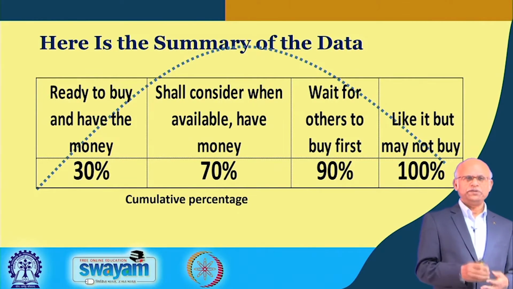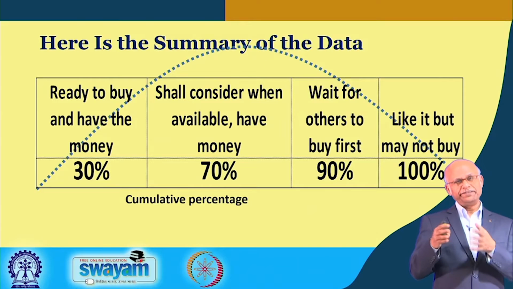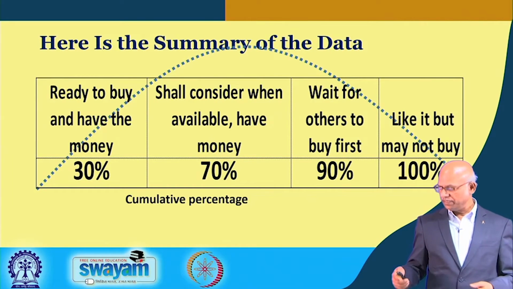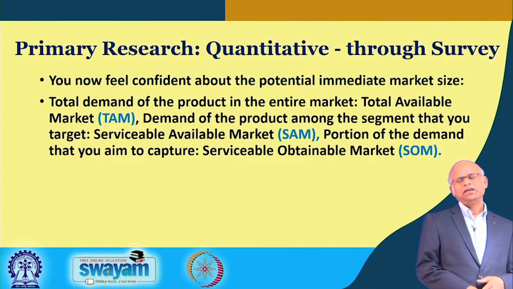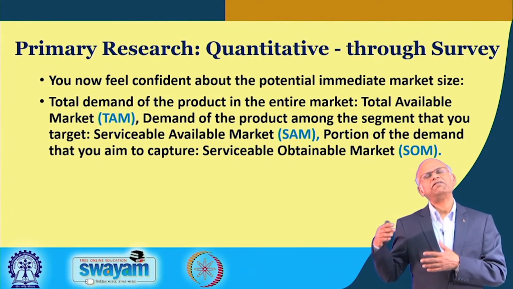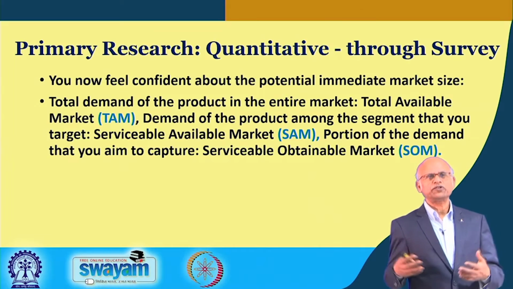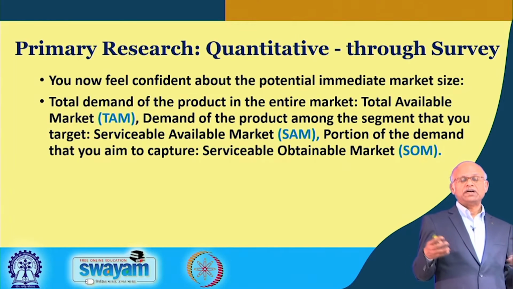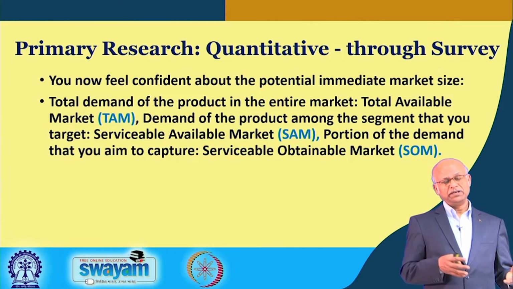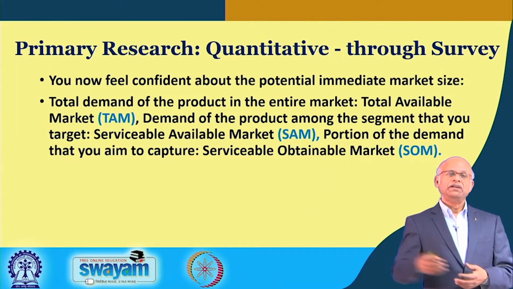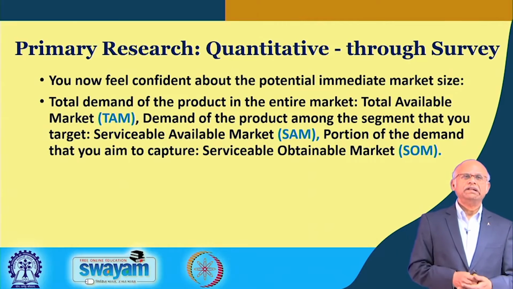Putting it in a cumulative manner: 30%, 30 plus 40 is 70%, 70 plus 20 is 90, 90 plus 10 is 100%, and this is how they are distributed in the product adoption curve: early adopters, early majority, late majority, and then laggards.